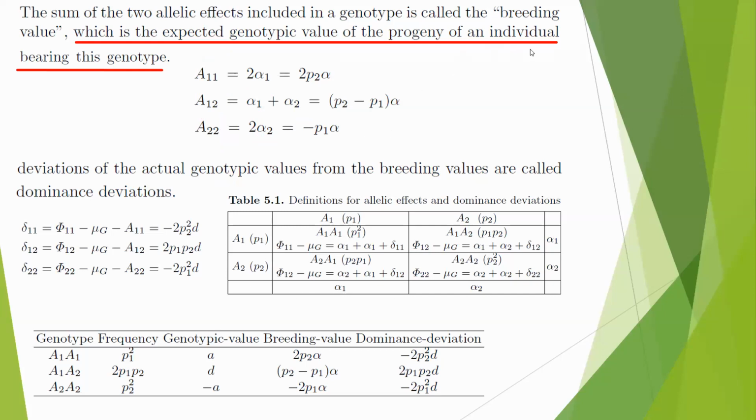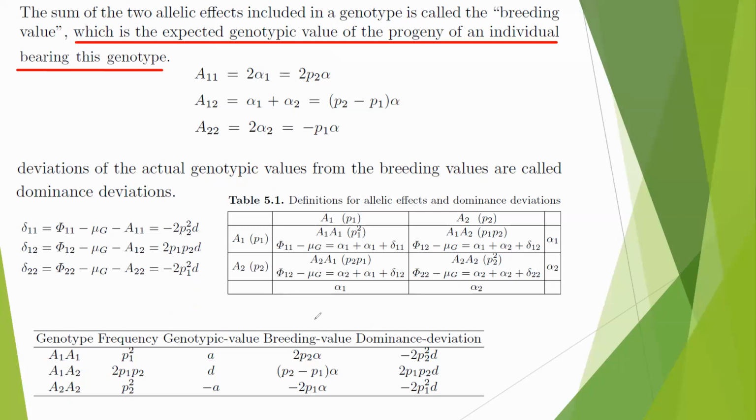This table shows you how to associate all these different terms together. For the genotype like this, that's the frequency in the population, if the population is under Hardy-Weinberg. The genotypic value is this. I hope you still remember, the genotypic value is the phenotypic value minus the midpoint.